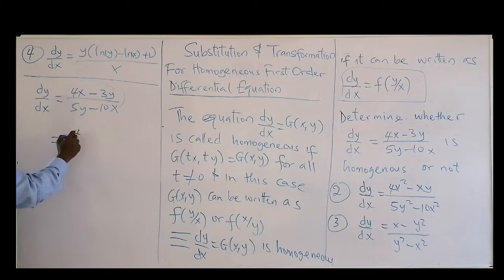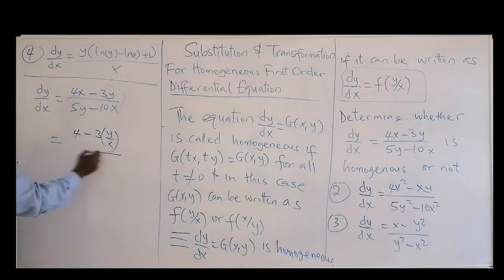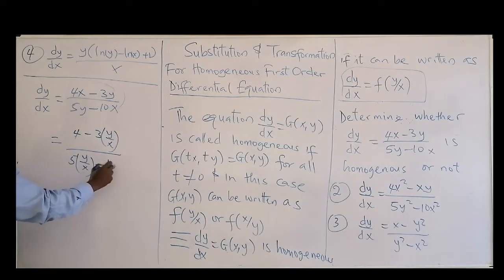So you have 4 here, 3y over x here, and then 5y over x here, and 10x over x, that would just be 10. That's your dy/dx.